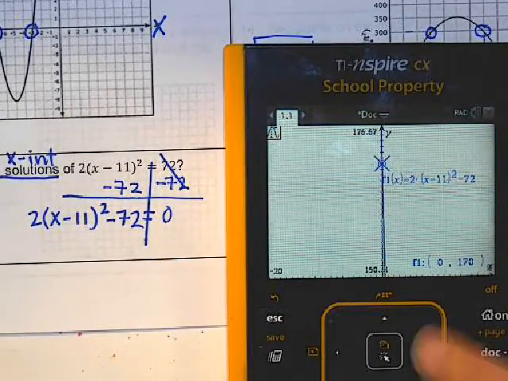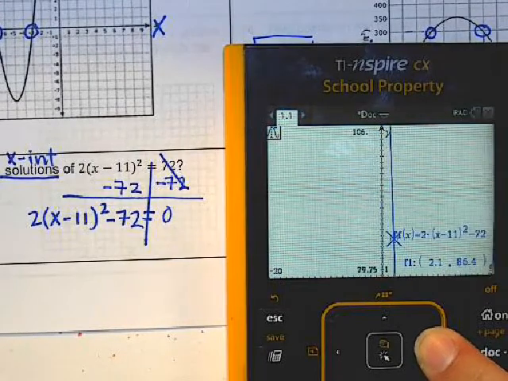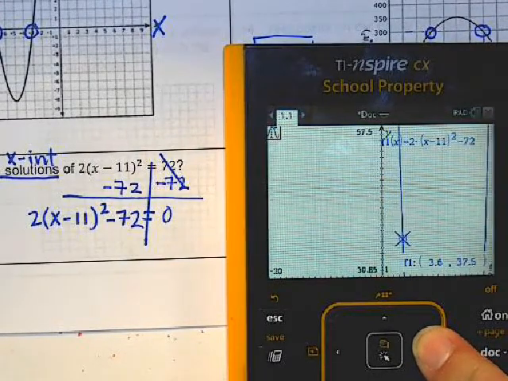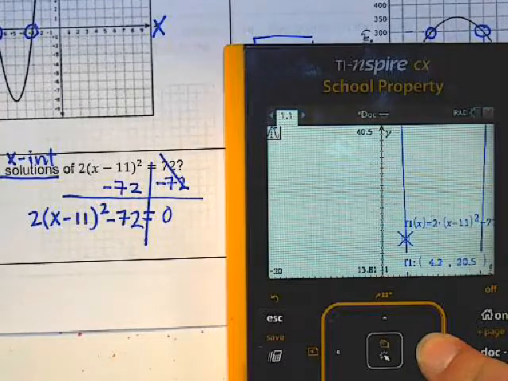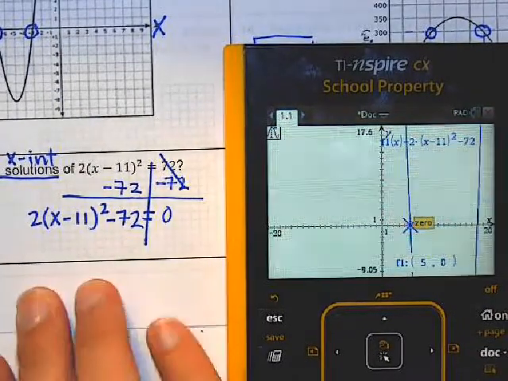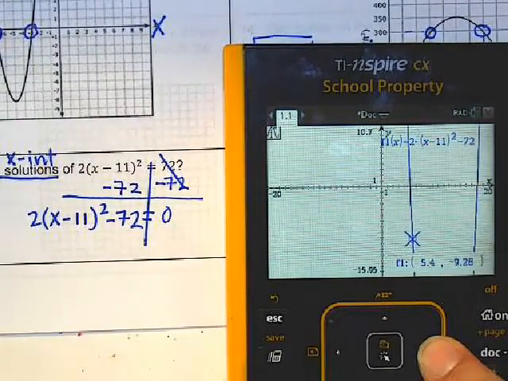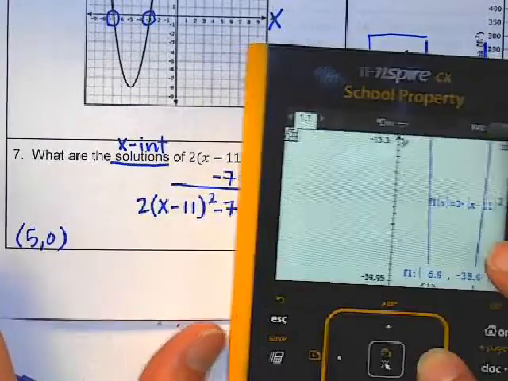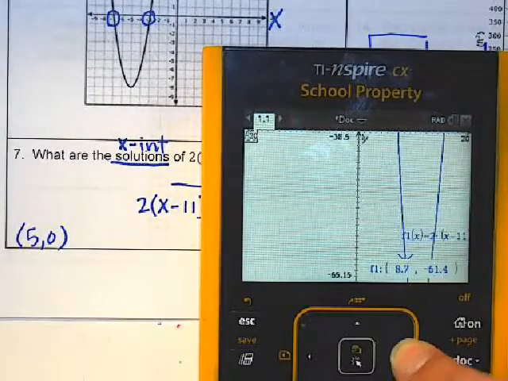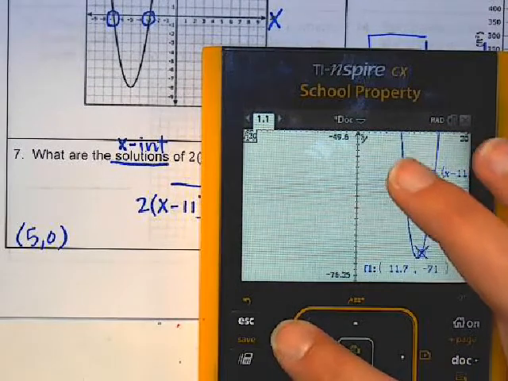So I'm going to go to the right, and I'm going to hold down that button until what word pops up? 0. Okay, so there's 0. My first x-intercept is 5, 0. Then I'm going to keep holding it down, and I'm going to go get my second x-intercept. See, there the word minimum popped up on that one.